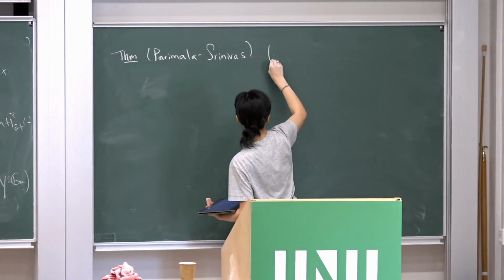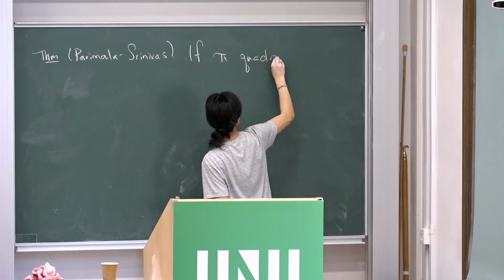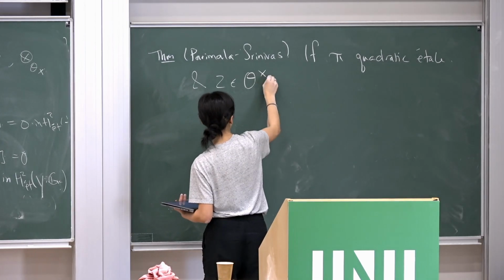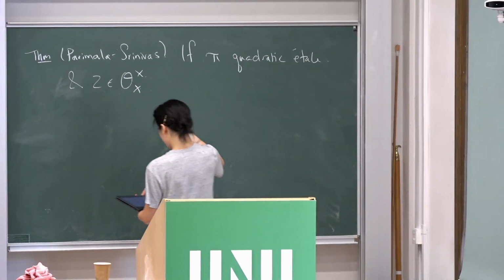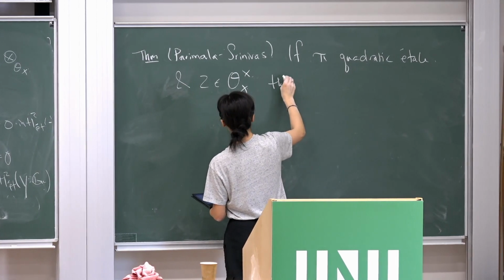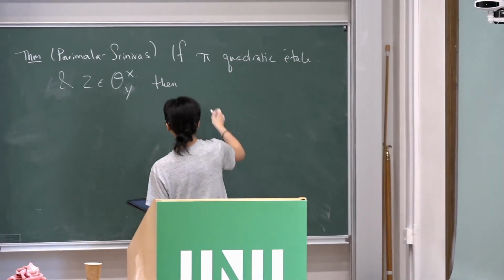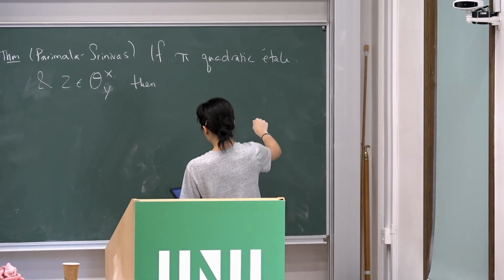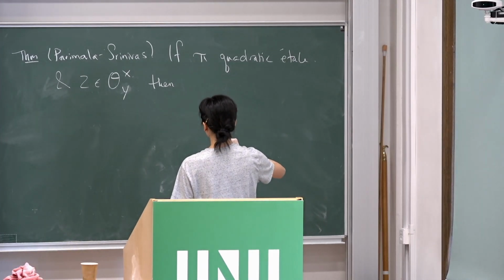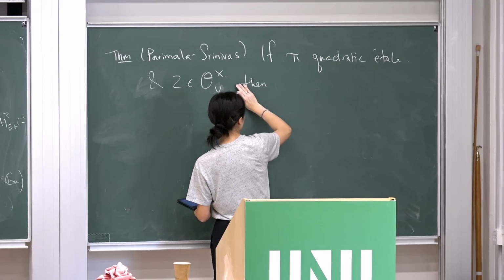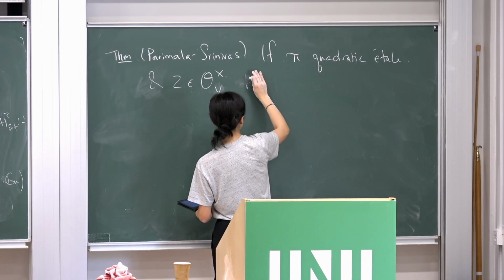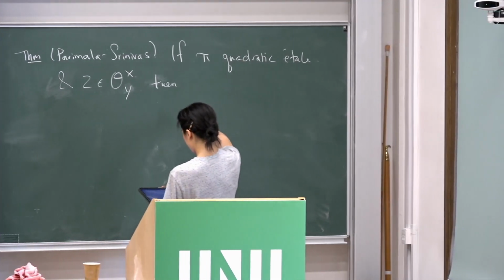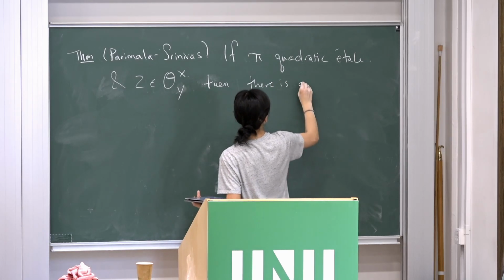If phi is quadratic étale and 2 is invertible in the structure sheaf, then there is an exact sequence.